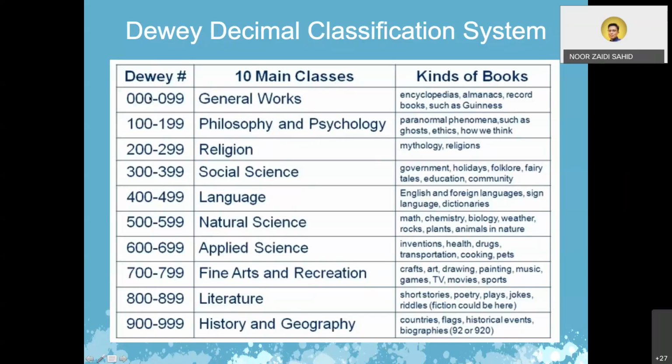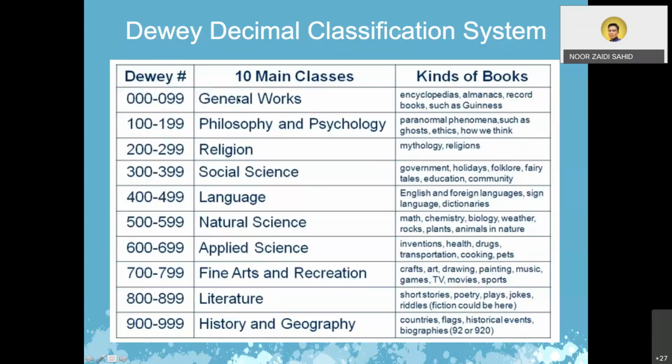For example, 000 to 099 are meant for general works. Collections related to general works will use this number, between 000 and 099.